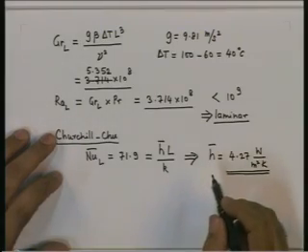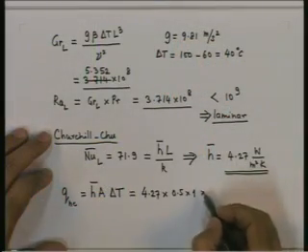Notice the low value, not even 5 watt per meter squared Kelvin. So the heat transfer by natural convection will be average heat transfer coefficient into the area of the plate multiplied by the temperature difference between the plate and the surrounding fluid.